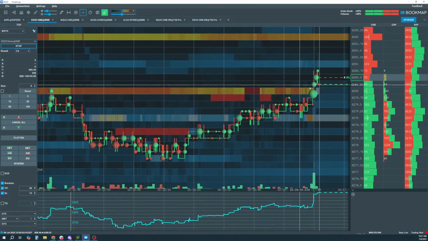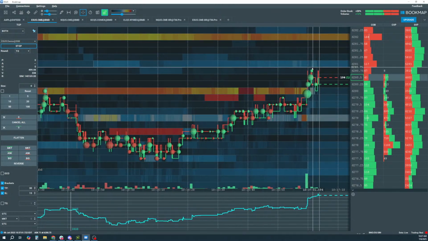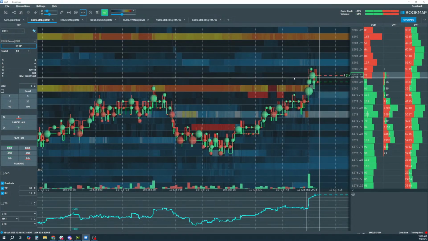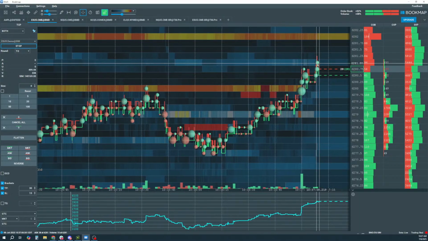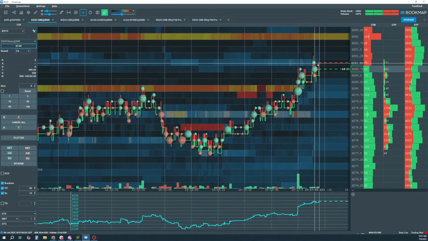All right, so there's still some demand in here. Now it's going to be a stop run in here as well. We're going to be looking for a book sweep in here, back up through some of these areas.